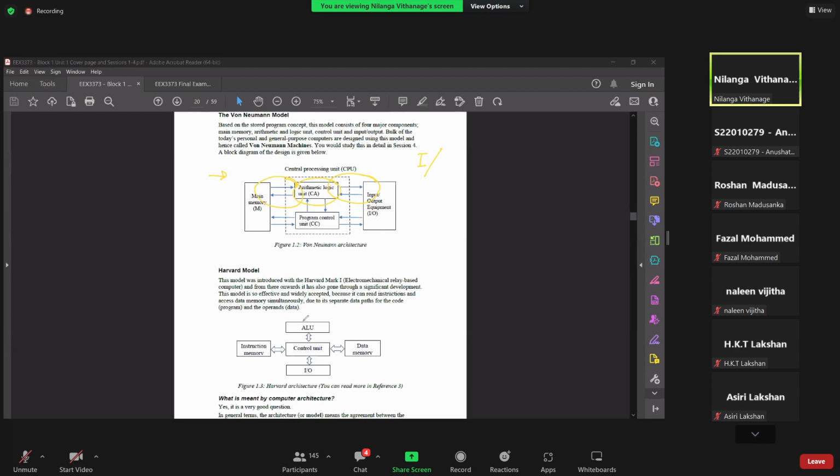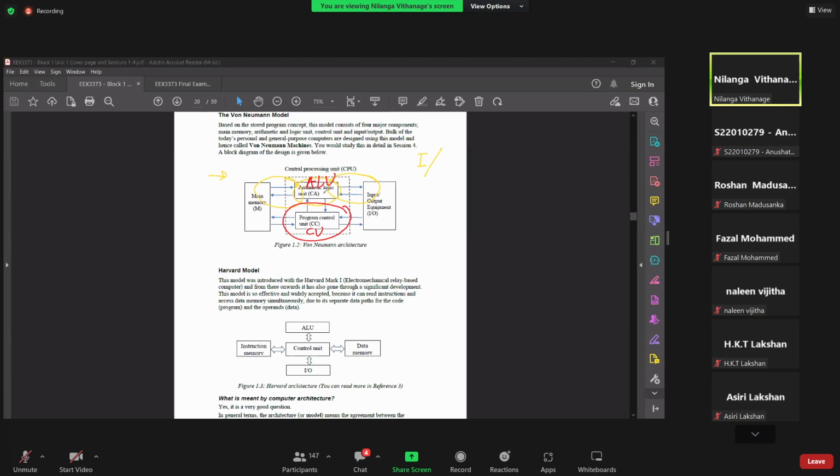So in the Harvard model, all the things are going through the control unit, right? Can somebody tell me what's the function of the control unit? Actually, this should be a CU and this should be ALU. I have to check with the course team because they prepared this course material. So this is the control unit, and this is the arithmetic and logic unit.